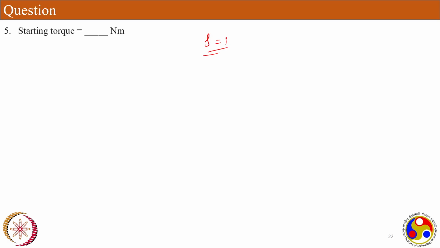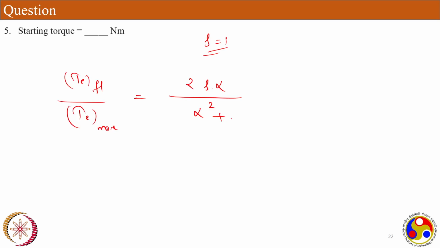See, from the first problem, when we took the ratio of full load torque to the maximum torque, we got an equation like 2 s alpha by alpha square plus s square. This s is related to the full load and this alpha is related to the maximum torque condition.